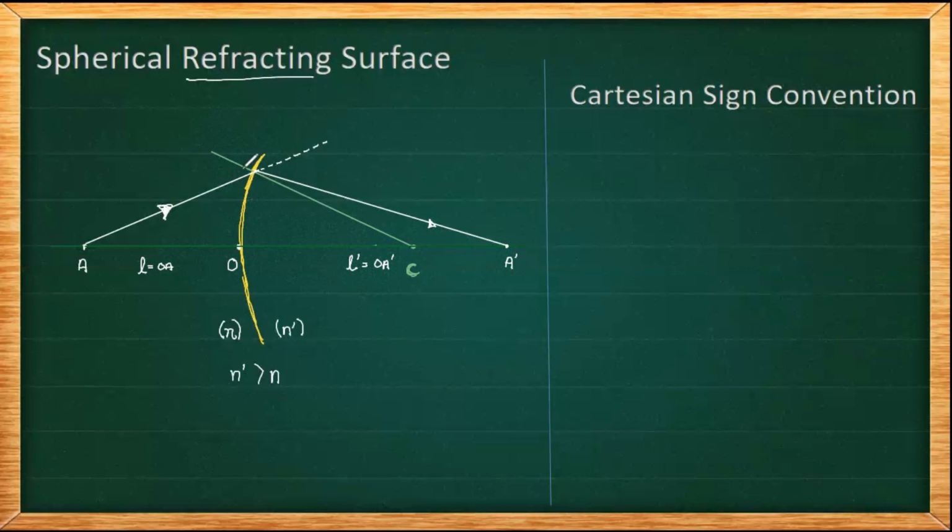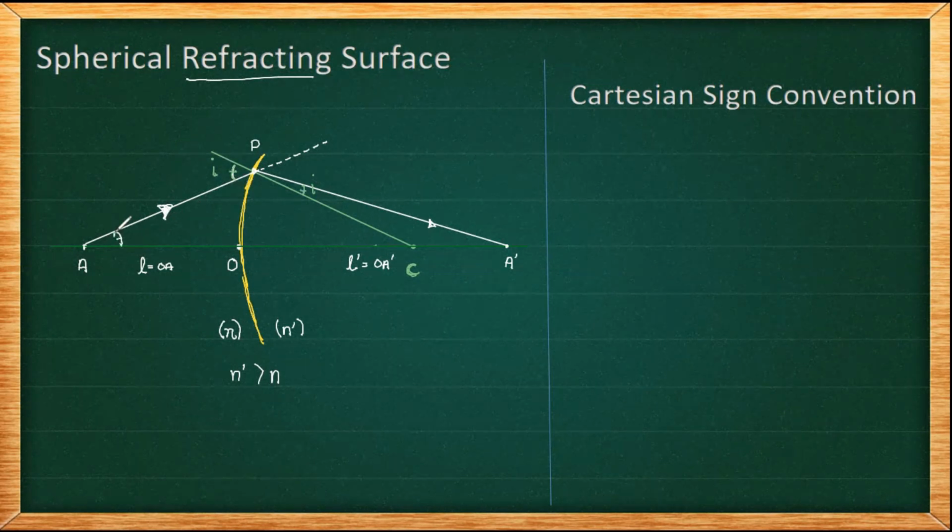What happens next? This here will be your angle of incidence. And this will be your angle of refraction. And let's label this point as point P. We also need to better understand the whole geometry or to derive it better.